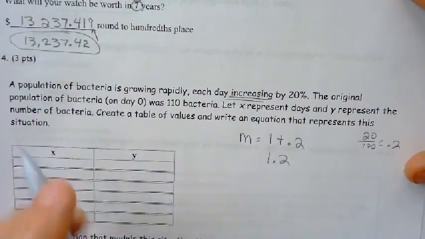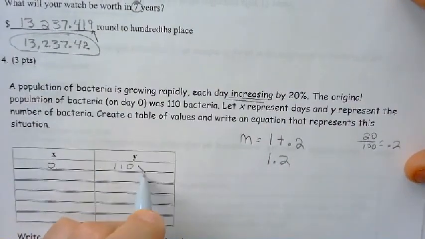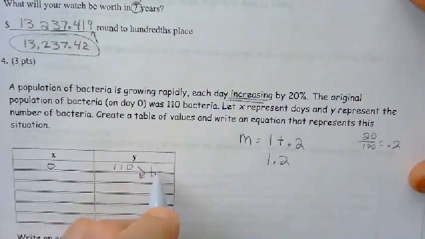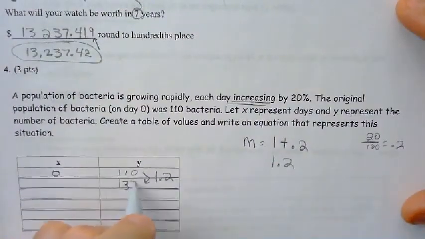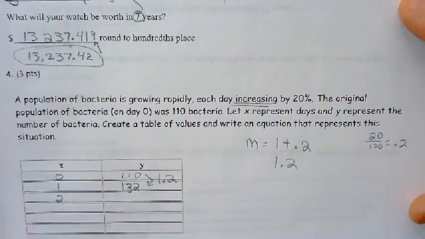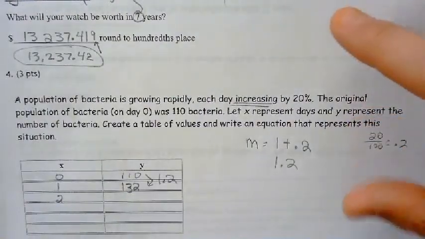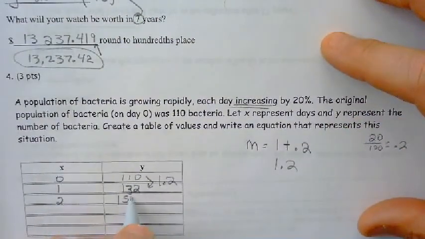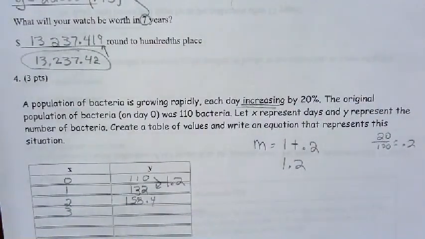So it starts at day 0 of 110. Then each time I got to multiply by 1.2. So on my calculator, 110 times 1.2 equals 132. That's for day 1. Second day, if I multiply that by 1.2, I get 158.4. Day 3, multiply this by 1.2 again.